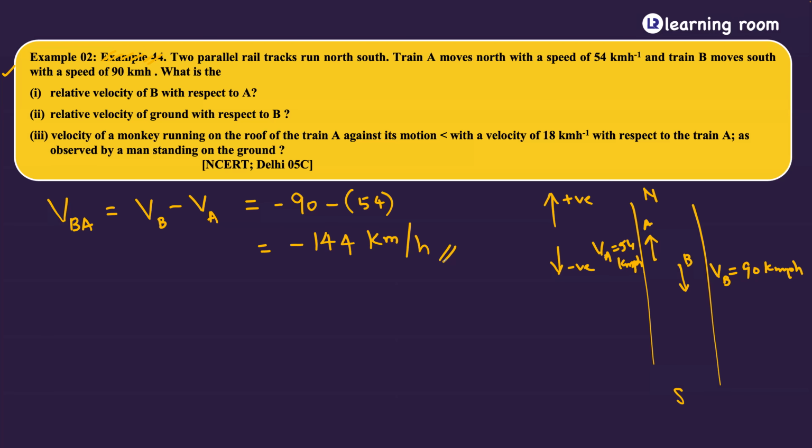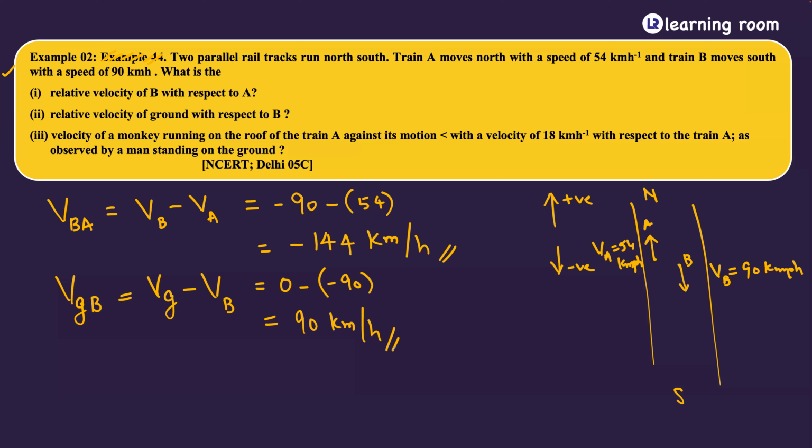Similarly, if I calculate the relative velocity of ground with respect to B, it is the velocity of ground minus velocity of B. So what is the velocity of ground? What is the velocity of B? Minus 90. So answer will be 90 kilometer per hour, meaning you are on this side.